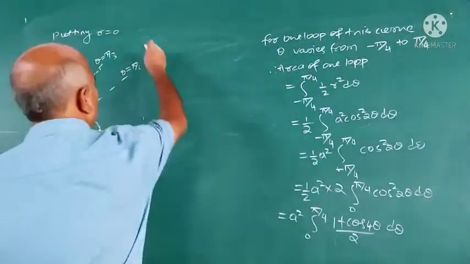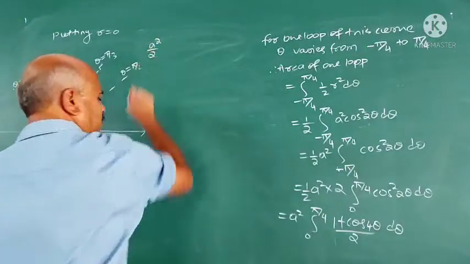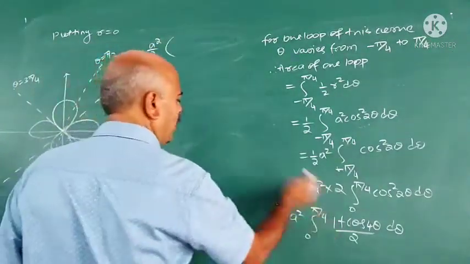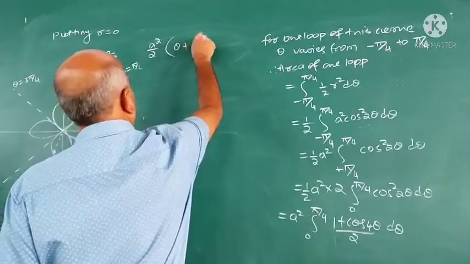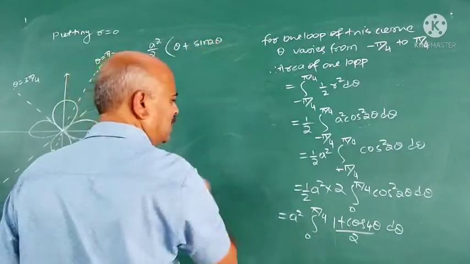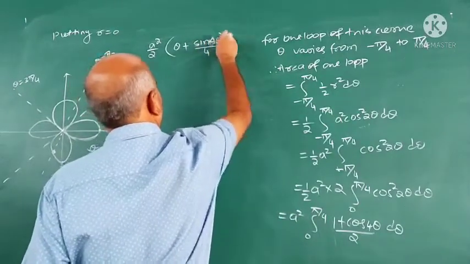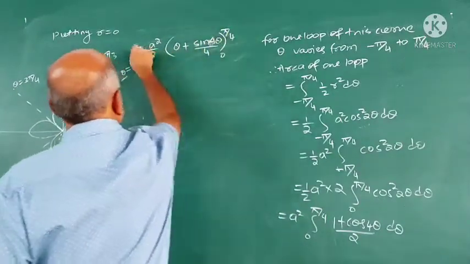Now, a square upon 2. What is the integration of 1 d theta? It is theta. Cos 4 theta integrates to sin 4 theta upon 4, from 0 to pi by 4. This is the area of one loop.